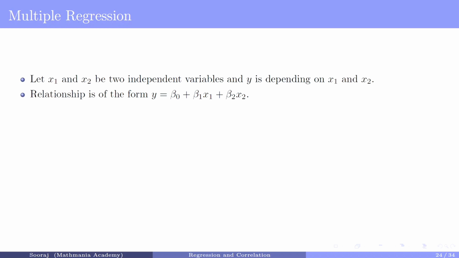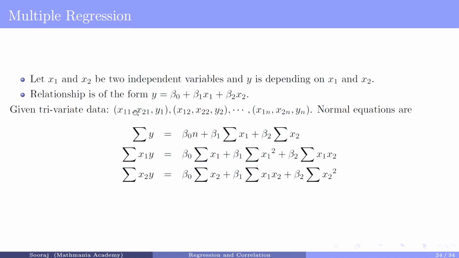Going further, next we have the concept of multiple regression. Till now, when we had two variables, we let y depend on x. Here also we let y be the dependent variable, but it depends on two things, x1 and x2. So we expect some relation of this form in the linear case.